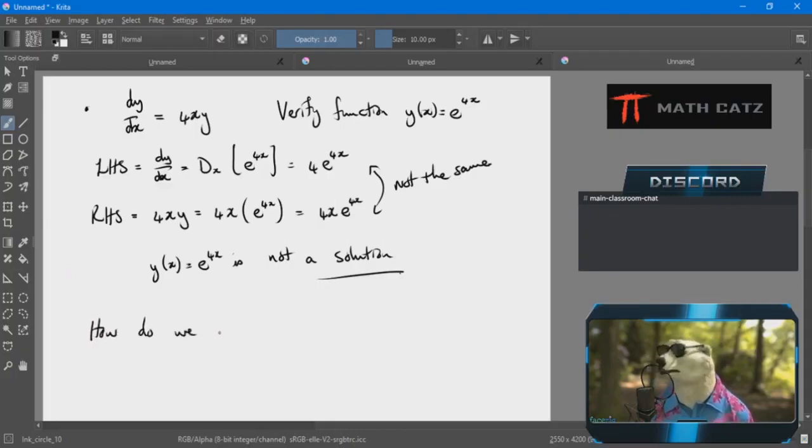It's fine if you give me one and it works. But if you give me one and it doesn't work, or you don't give me one, how do I find a solution to a differential equation?